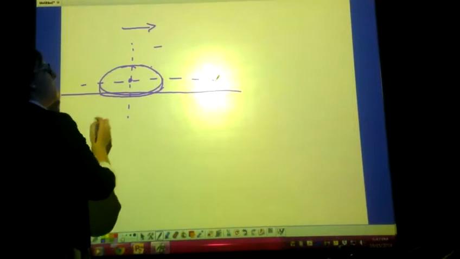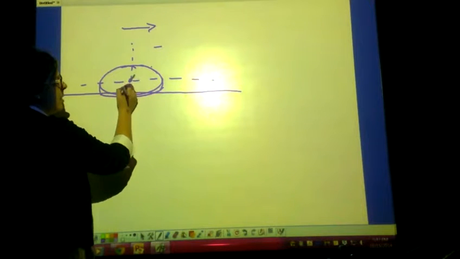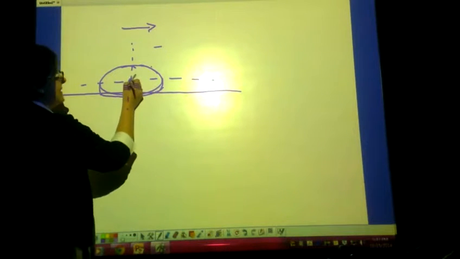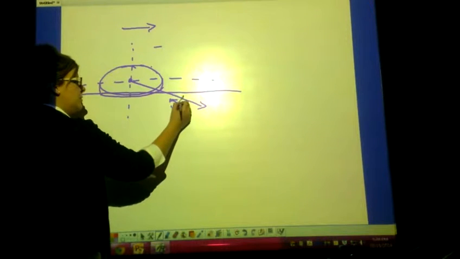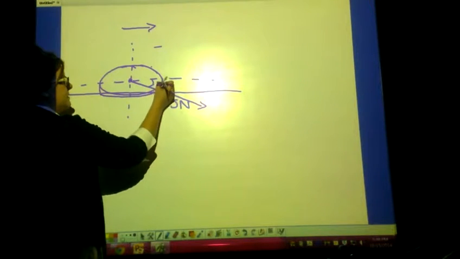Okay, there's my axes. It's 5 newtons, 20 degrees below the x-axis. So here's my 5 newtons, and there's my 20 degrees. Okay, so there's one vector, that would be F1.